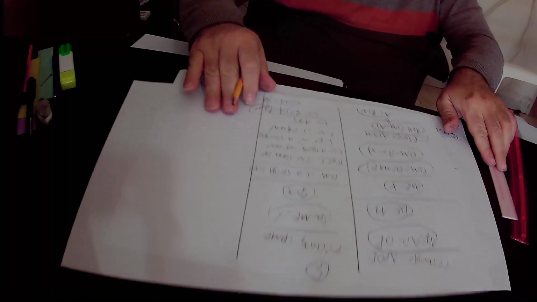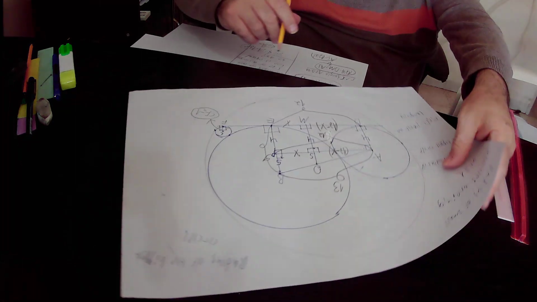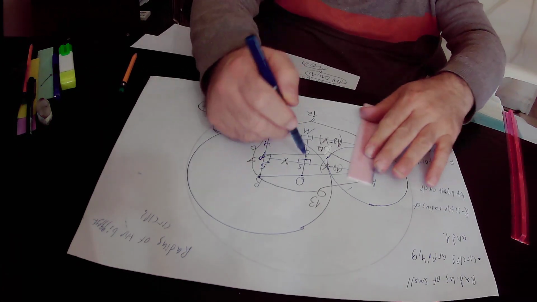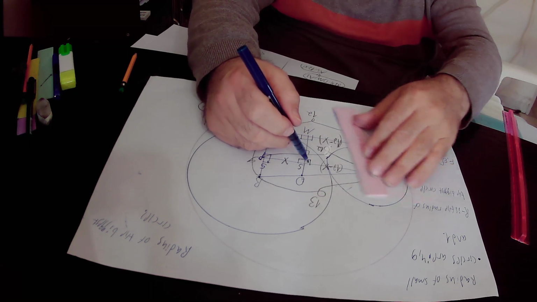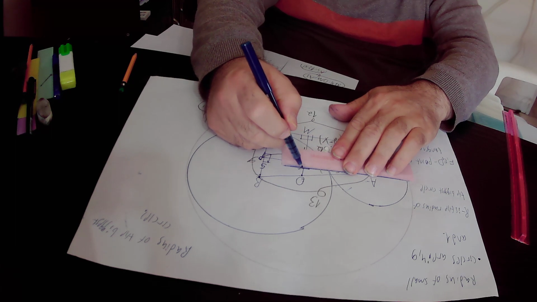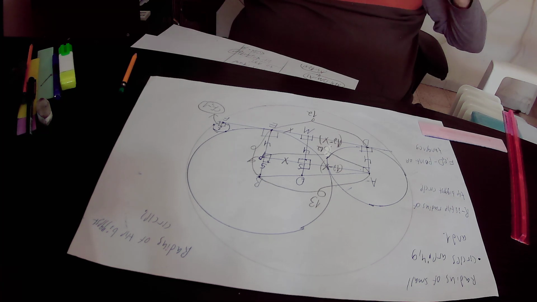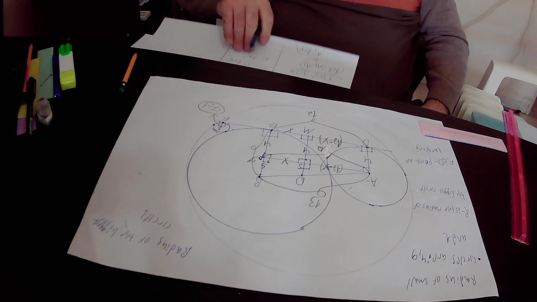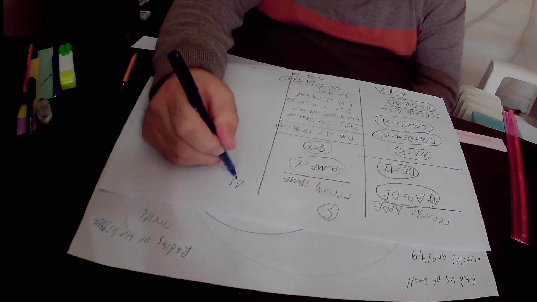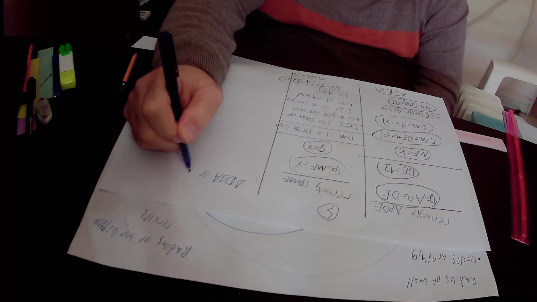So angle OSA is a right angle, and because of that, triangle OSA is a right triangle.